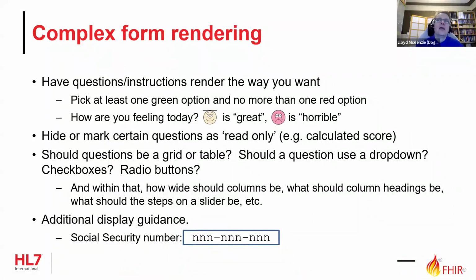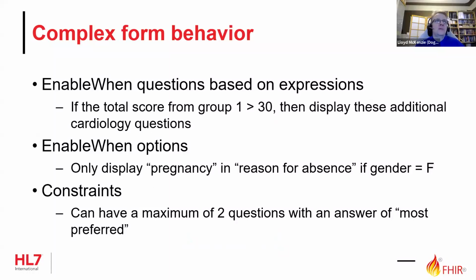In terms of behavior, we might want to turn things on or off. So if your depression score is above this value, then we're going to ask some more follow-up questions, because we want to really understand what's going on. Whereas if you scored below that, then things are probably fine, and we don't need to prompt you for those extra questions.